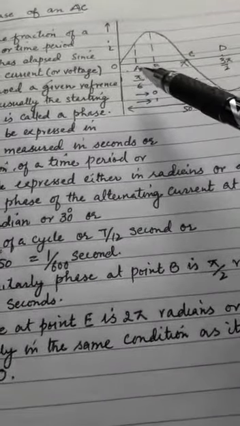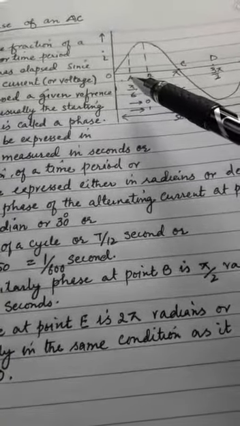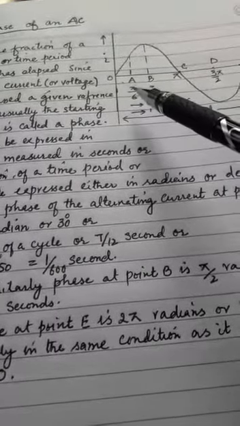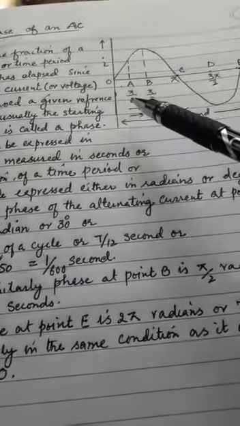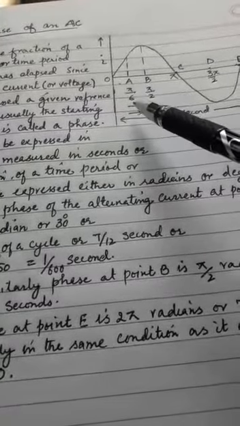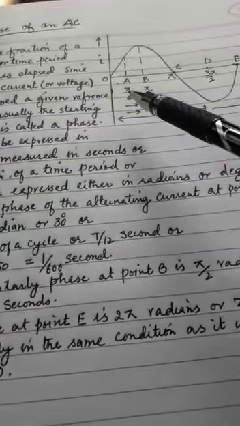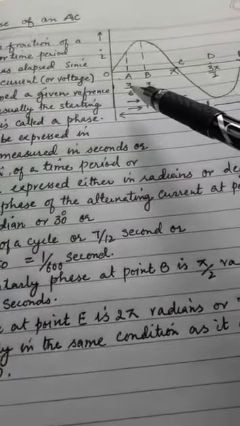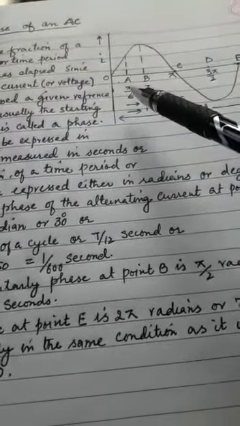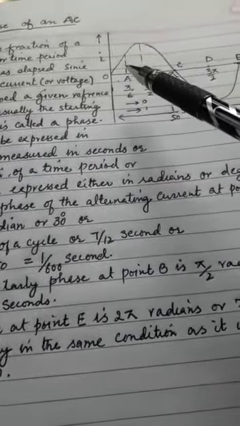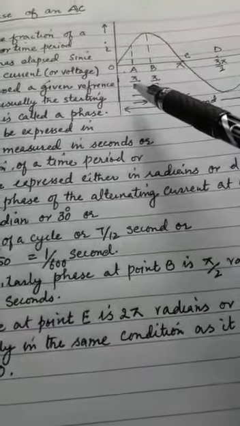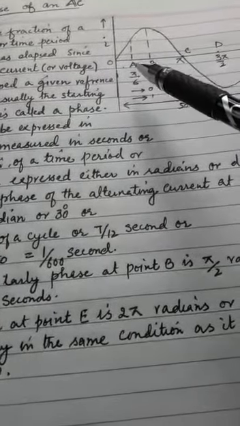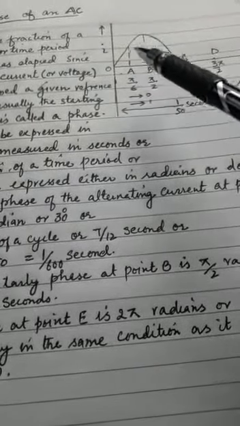So when we take this portion, phase A, it is given to you as pi by 6. The value of pi is 180, and 180 divided by 6 will be equal to 30 degrees. Its angle measure is equal to 30 degrees. And it is the 1 by 12th portion of this sine wave.